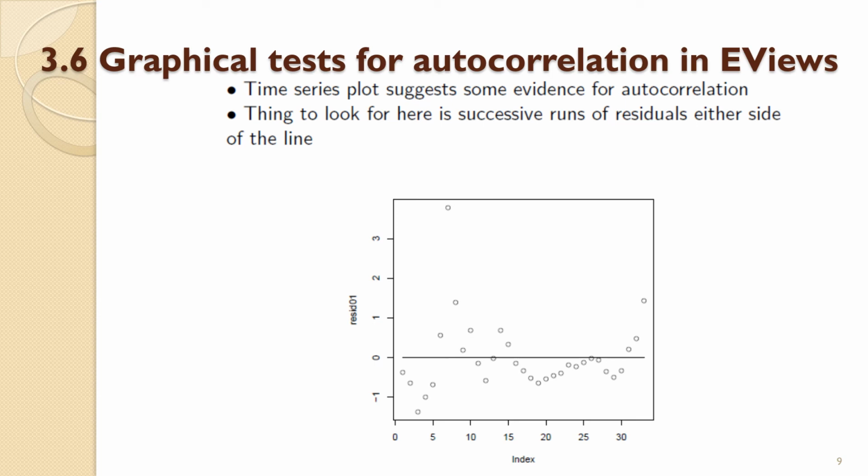So the idea is that it's a toss-up whether these residuals are positive or negative if you've correctly specified the model. And what you might have if you've got instead autocorrelation in the residuals is successive runs of residuals either side of the line.